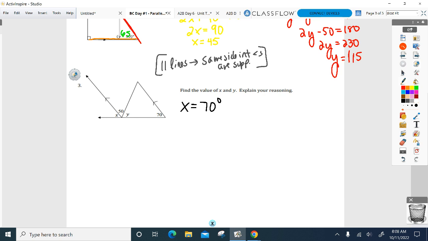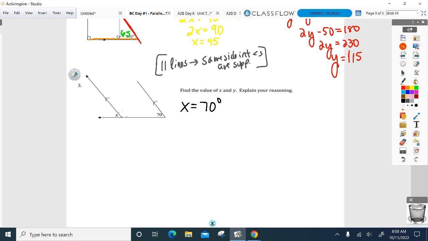It's tough to see that x and 70 are corresponding, but if I get rid of that line right there, everyone see right now, x and 70. If I take this 4-pack and slide it down, x and 70 would match up.